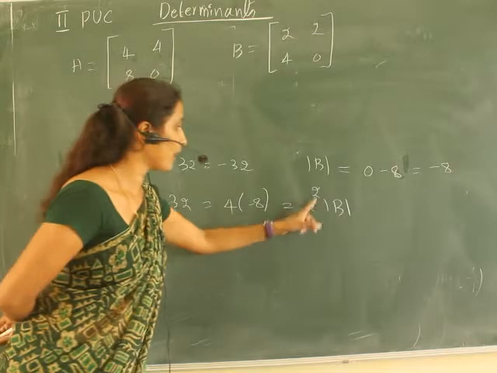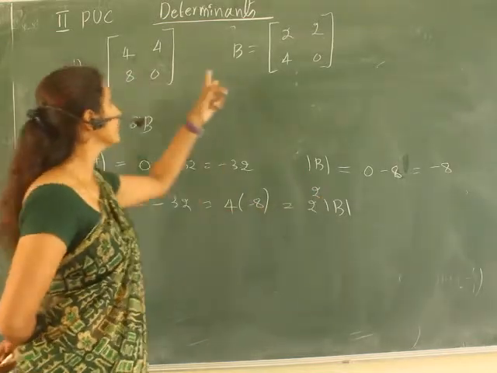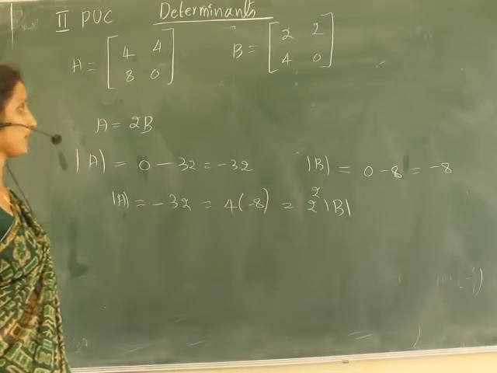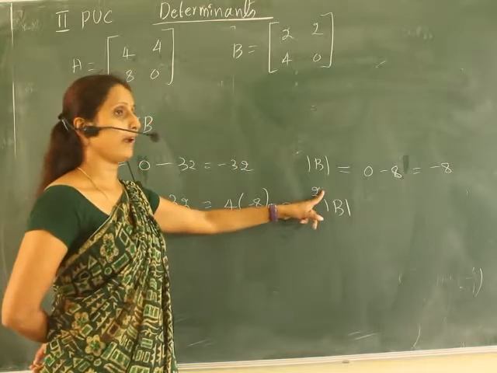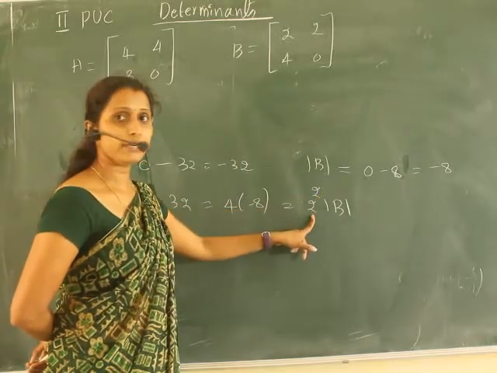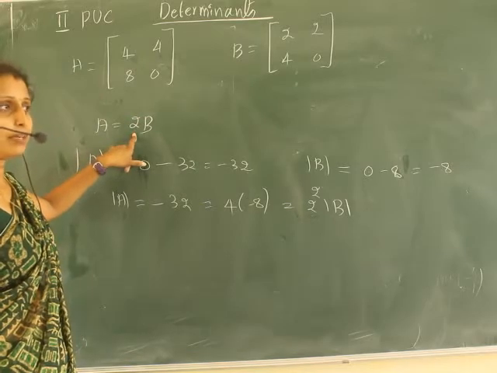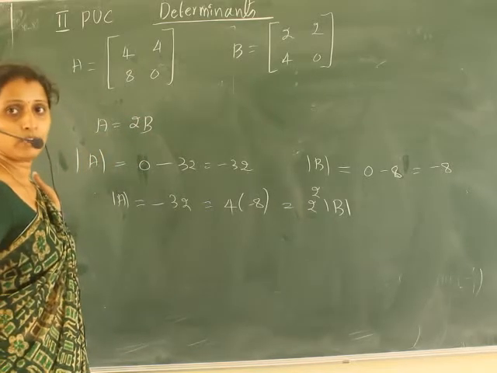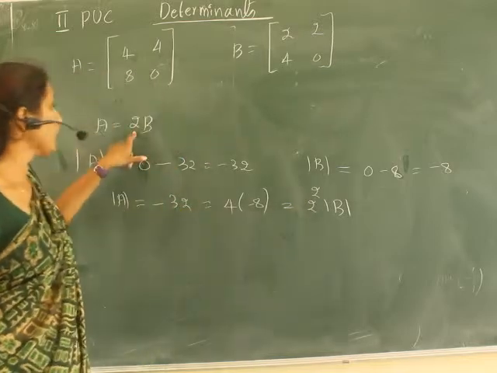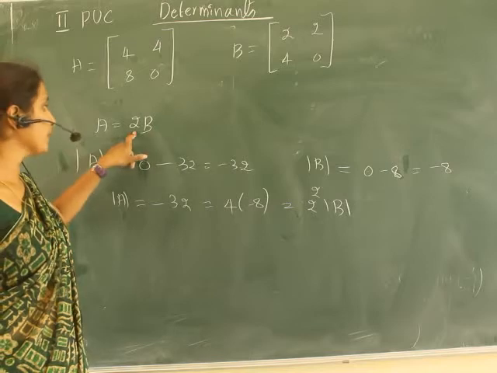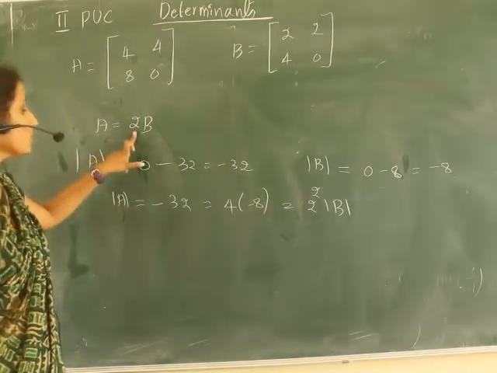So what is this 2 and what is this 2? This 2 in the power will be the order of the given matrix. And this other 2 is from the relation between A and B, A is equal to 2 into B. If I get A is equal to 3B or A is equal to 4B, then that value would come here.